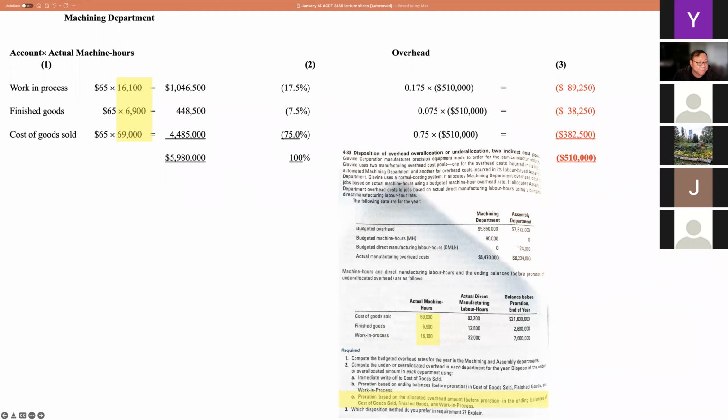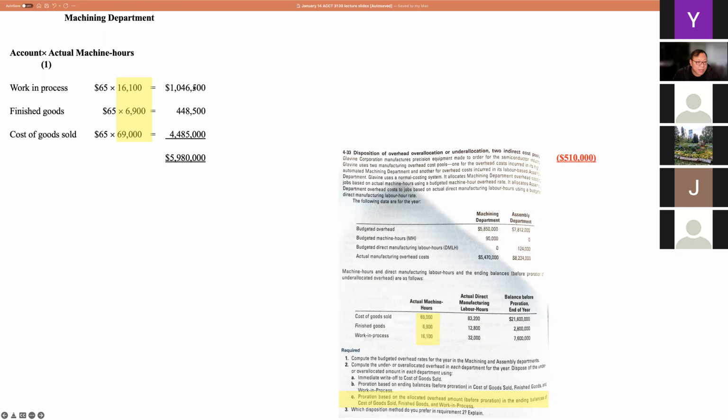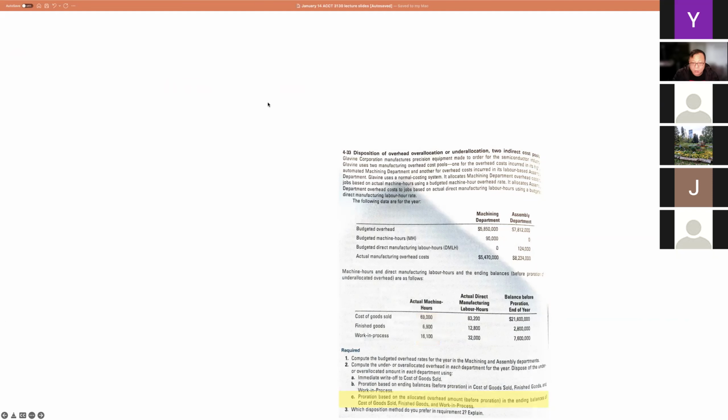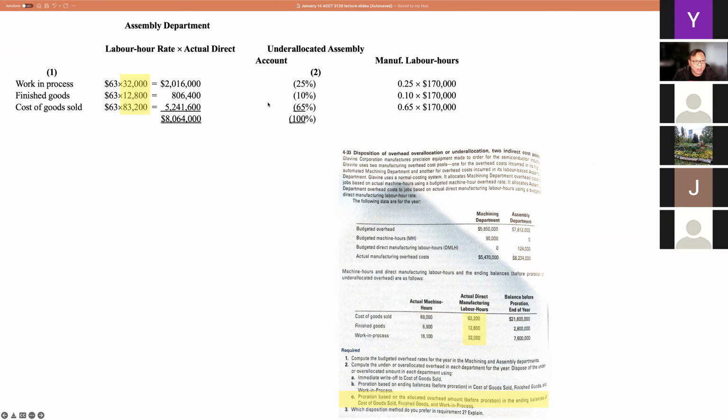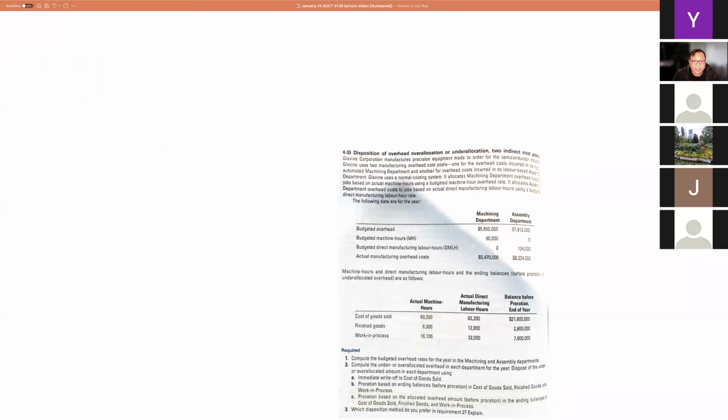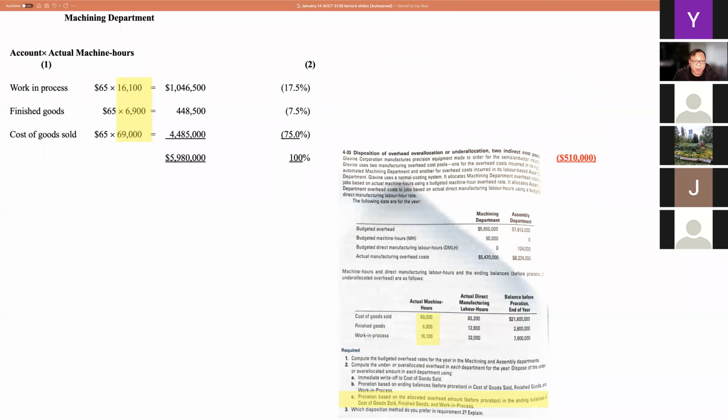Then you figured out this balance for each account, how much manufacturing overhead you allocate to each account. Based on that, you calculate the proportion, and you use this proportion times the 510,000 to figure out the adjustment to each account.